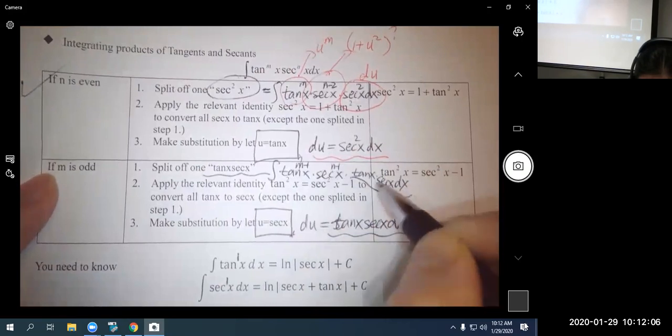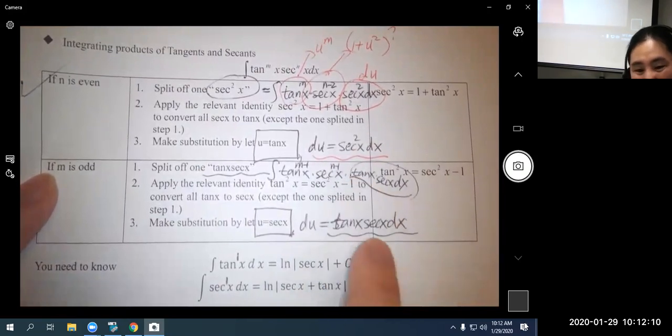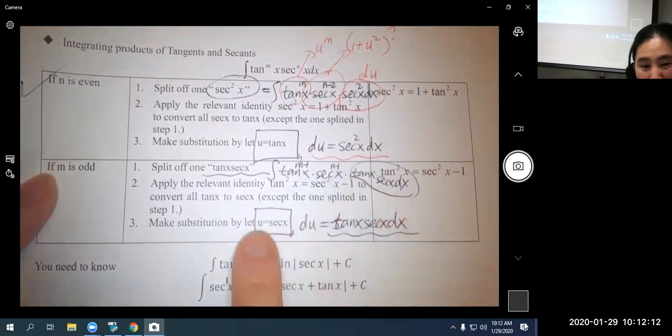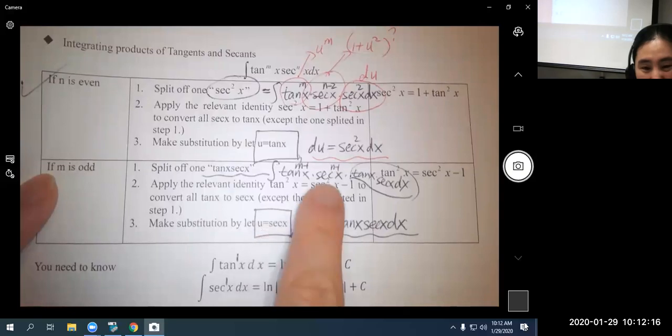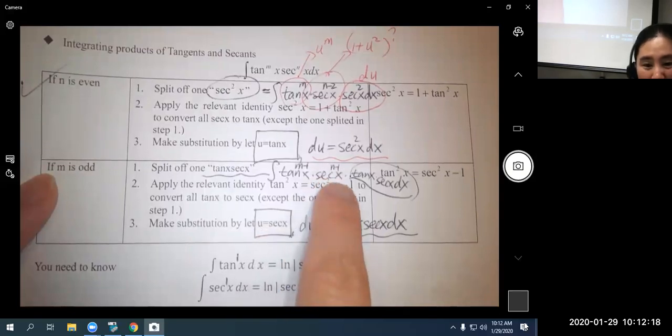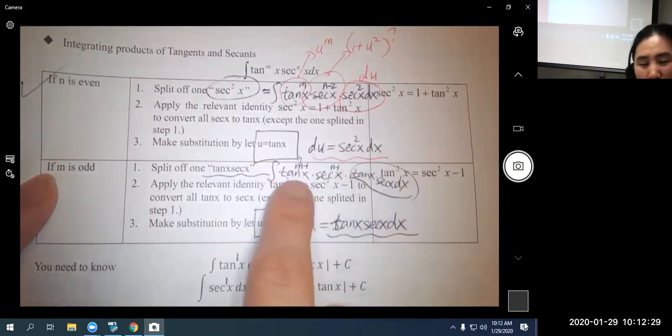These three become du if we let u equal secant of x. So secant of x to the n minus 1 power will be u to the n minus 1 power. So this part is in terms of u, this part is du. And then we only have a tangent of x.